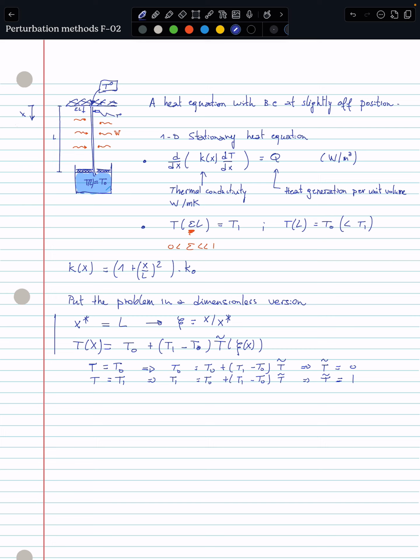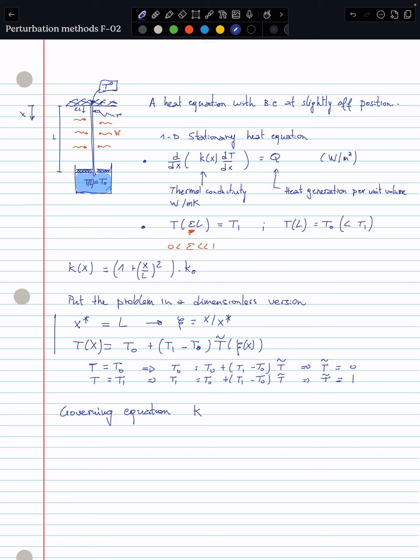We have a first derivative with respect to x. Let me first rewrite the governing equation to start with. So the governing equation is the first derivative with respect to x of this product.